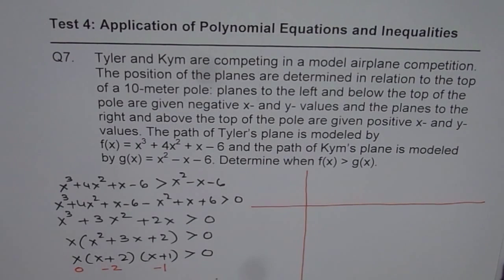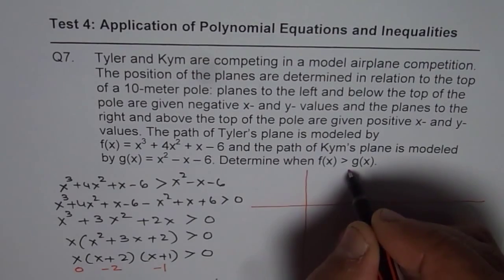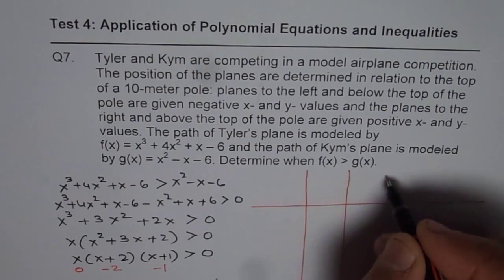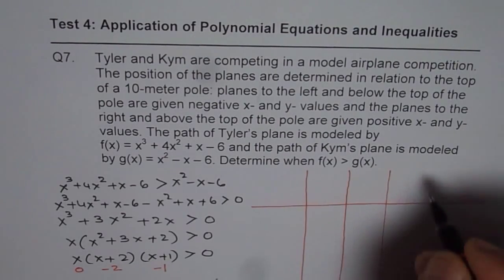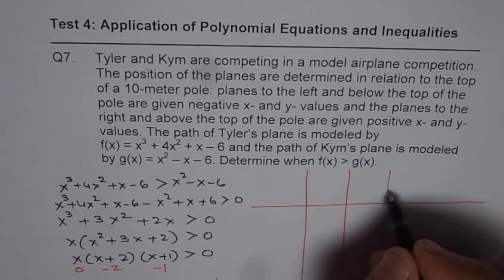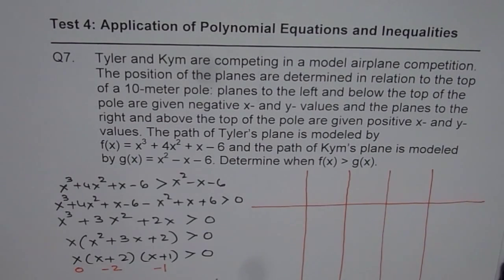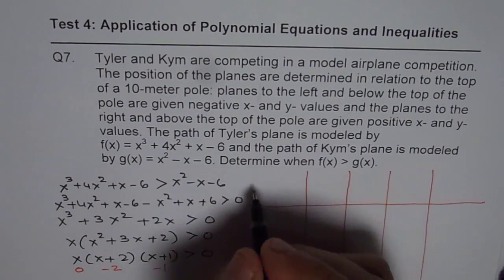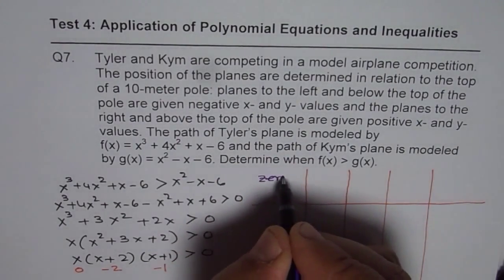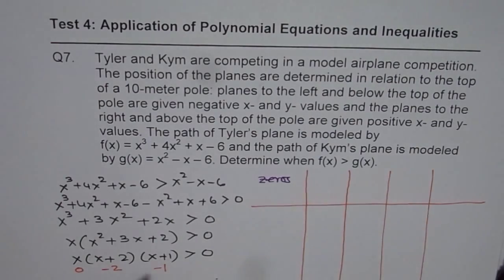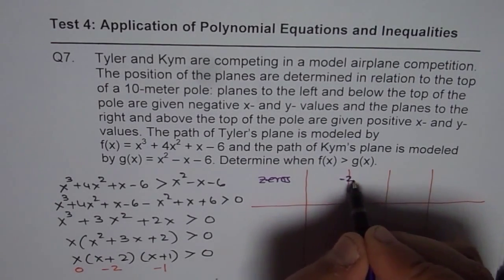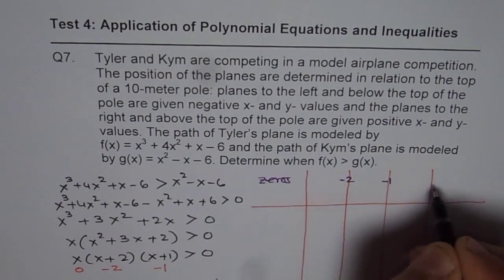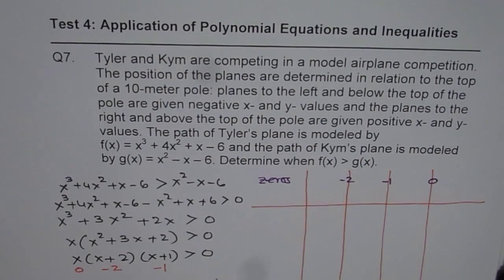When we have 3 zeros, then our number line will be divided into 4 different parts, correct? So let me write my zeros first. My zeros are at minus 2, then at minus 1, and at 0.